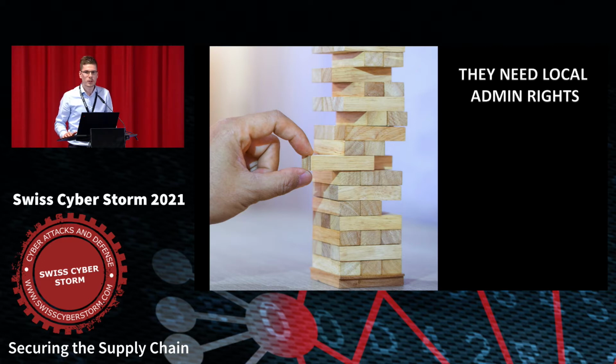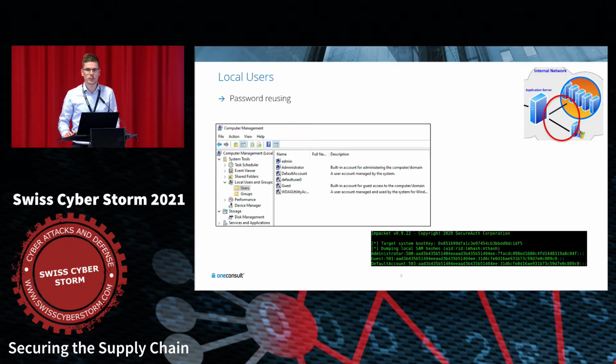So let's see what is the impact when this third party company has local administrative rights on this server and what could happen if, for example, a malicious employee which has this access tries to attack the company. First, we have the local users.